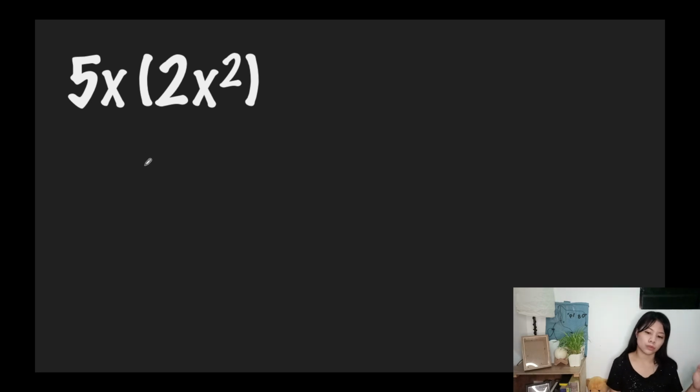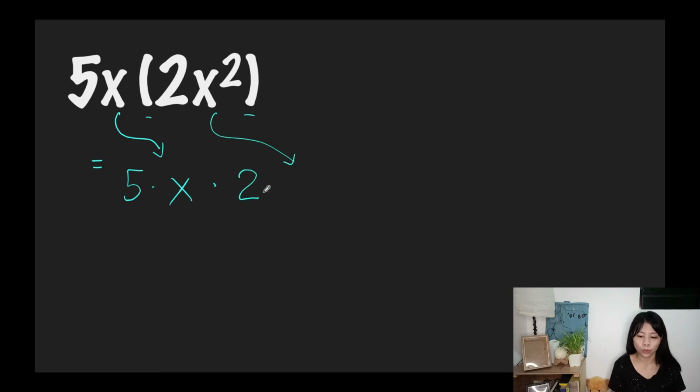Let's have another example. 5x times 2x squared. Okay? So, sineparate sila nung parenthesis. Kaya malagay yung parenthesis na yan eh. So, itong 5x, equal po siya sa 5 times x. Tama? Tapos, minultiply mo daw siya kay 2x squared. Si 2x squared equal siya kay 2 times x times x. Okay?